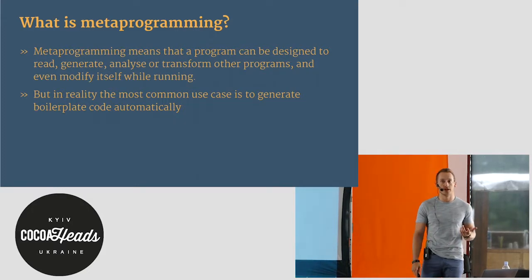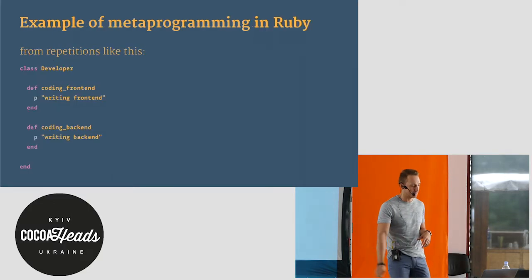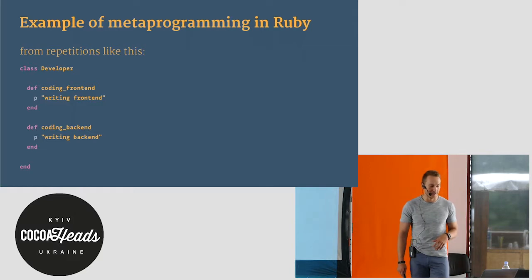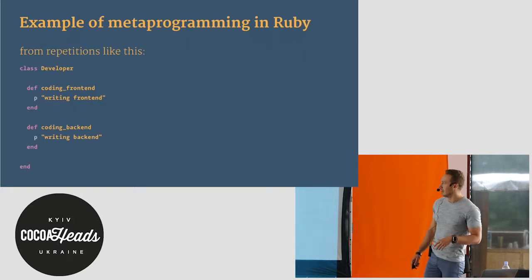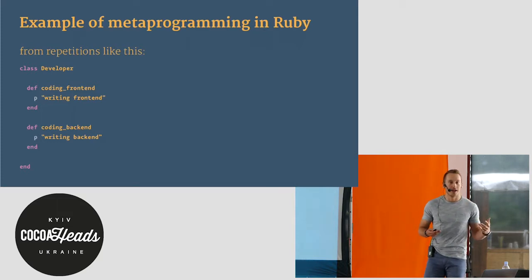A good example of that is Ruby. Ruby is a very beautiful language for easy things and a very hard language for complex projects because it doesn't have types. But it has a beautiful metaprogramming DSL. Here we have an example. I don't know how visible it is, but basically we have two functions, and this is just printing.